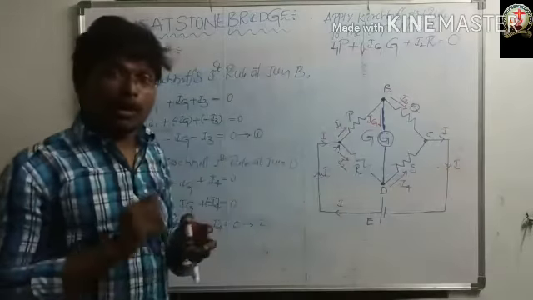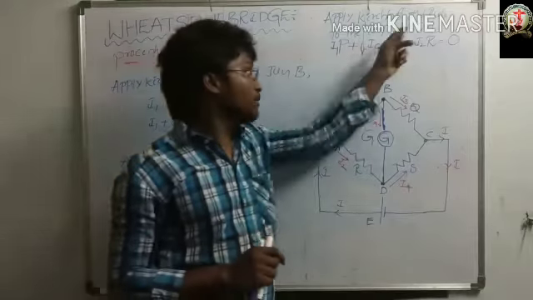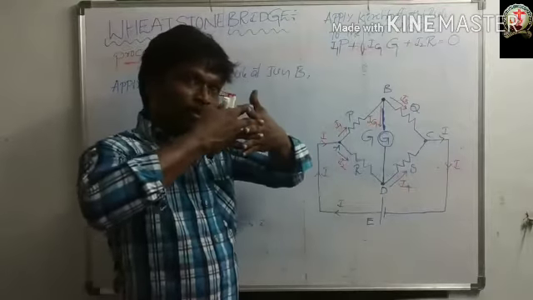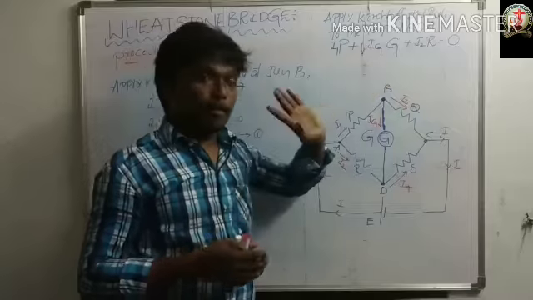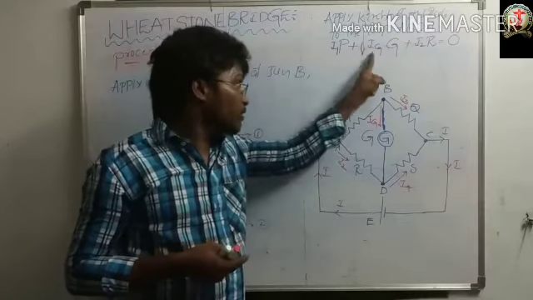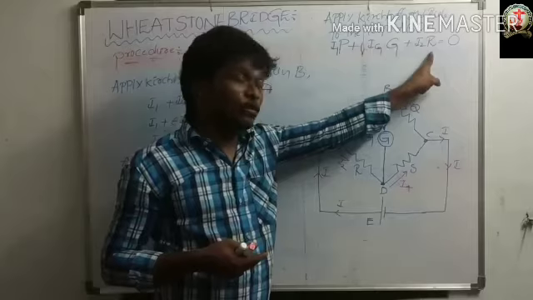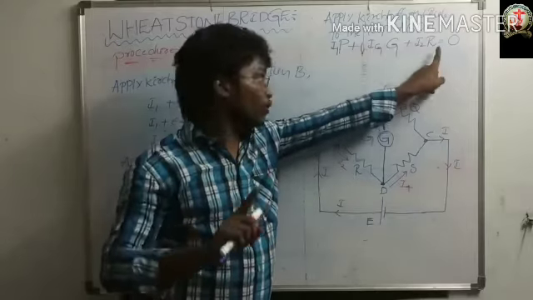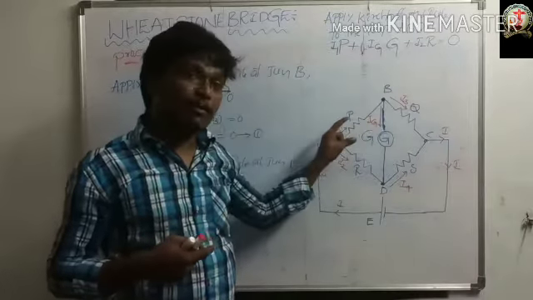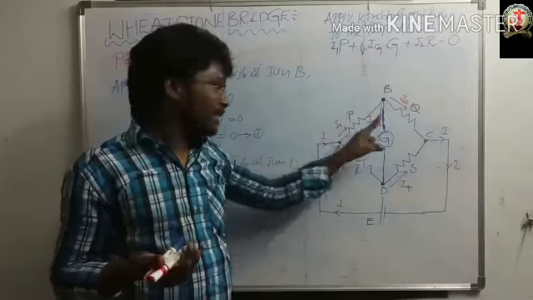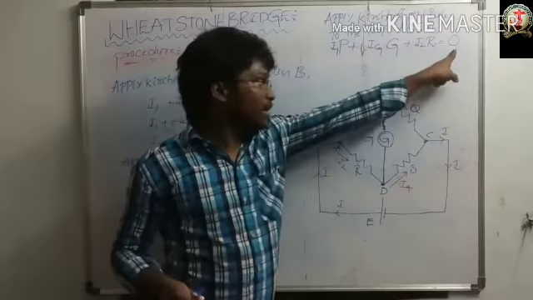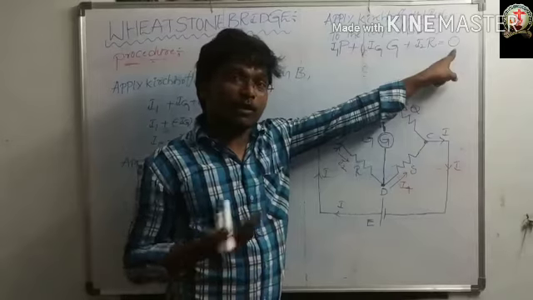From the definition of Kirchhoff's rule, the algebraic sum of the product of current into resistance is equal to the total EMF of the loop. But in this loop, no EMF is there, so I wrote 0.